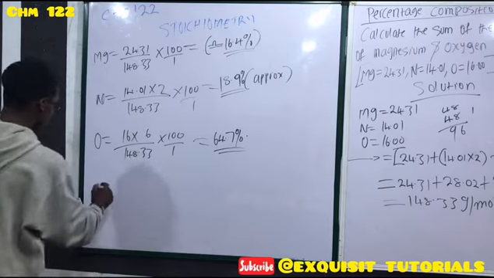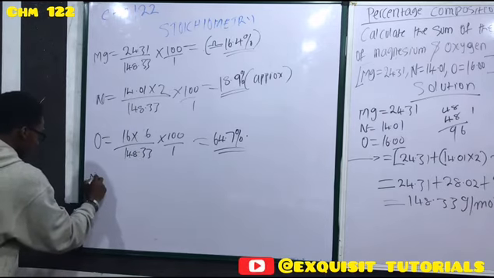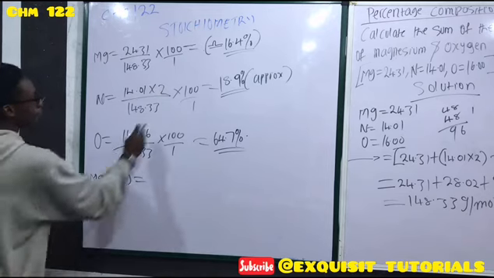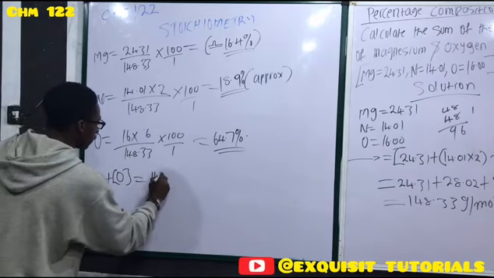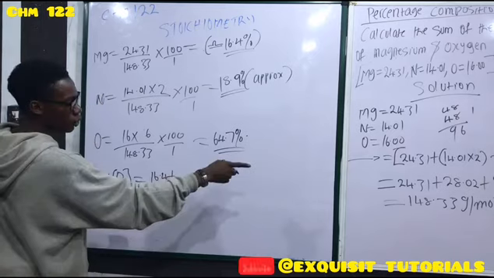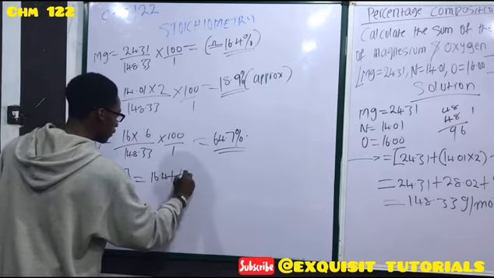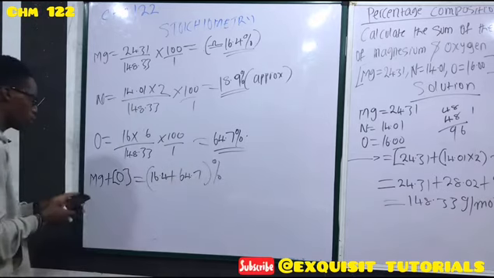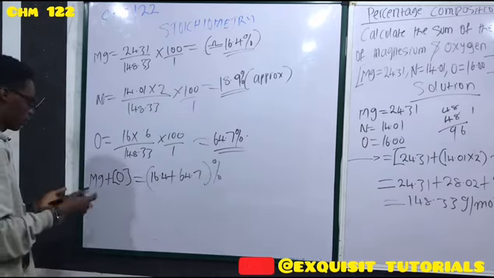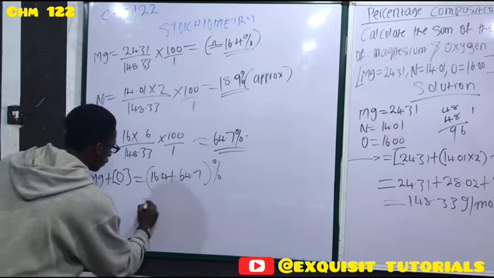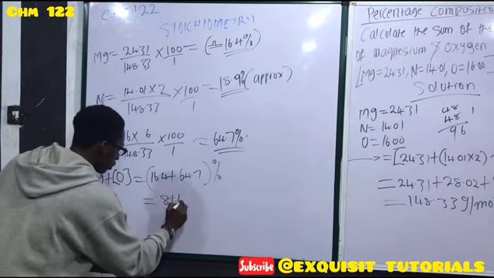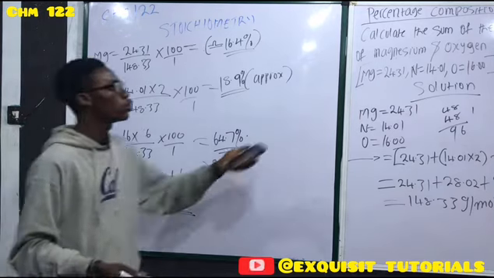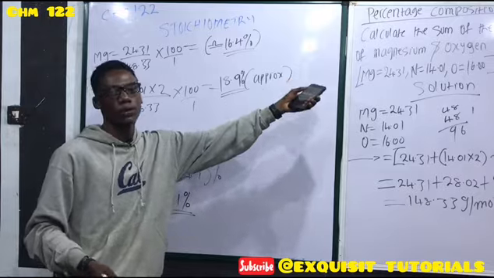We have 16.4 plus oxygen, which is 64.7%. So here we have, which is equal to 81.1%. Now this is the solution to this question up here.